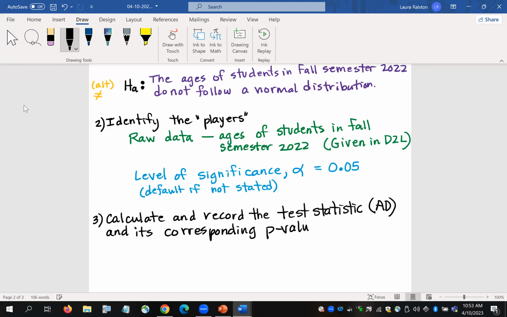Remember, the p-value is a probability value. It's a probability you would get those same results over and over again. And it is unique to each test statistic. The p-value is unique to the test statistic.